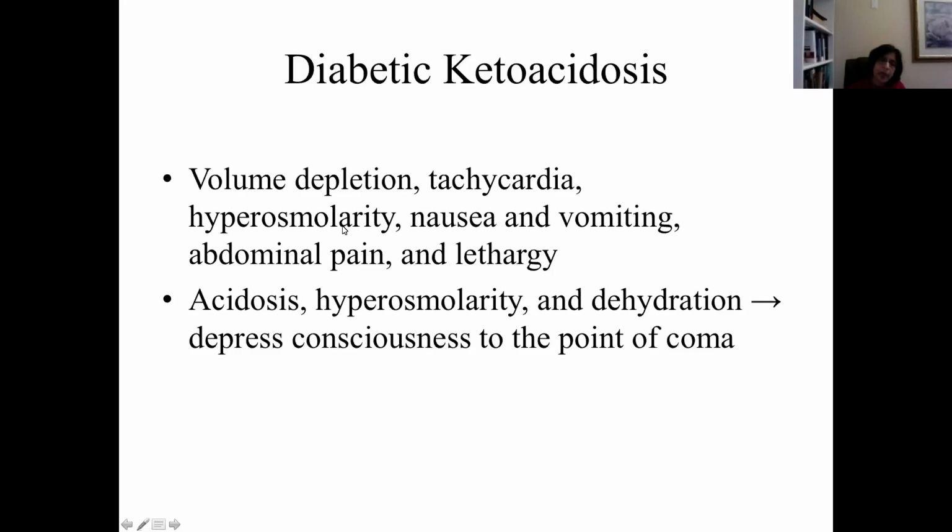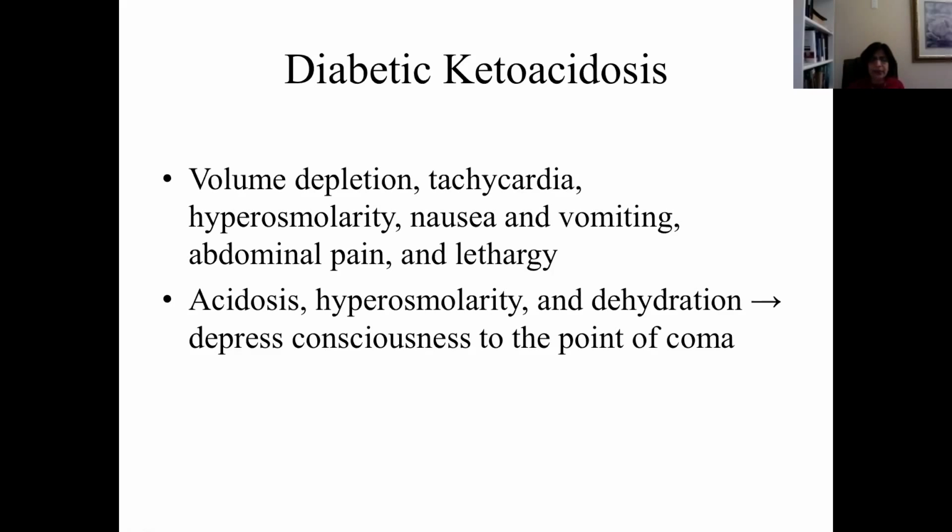Hyperosmolarity. What is this? Hyperosmolarity is so much glucose in blood making the osmotic concentration greater than normal. Normal osmotic concentration is 300 milliosmol. Now it would be much greater. One, you're losing water. Two, you have a lot of glucose that's not going anywhere.